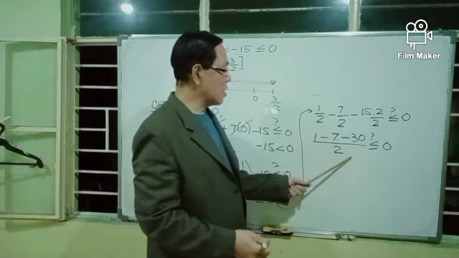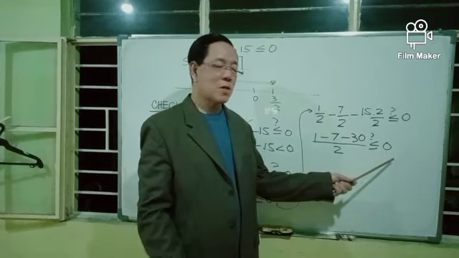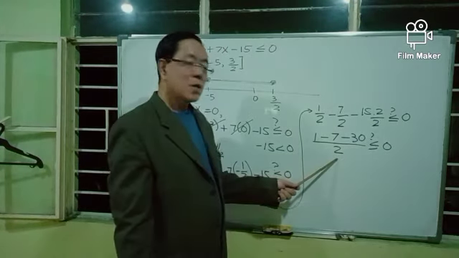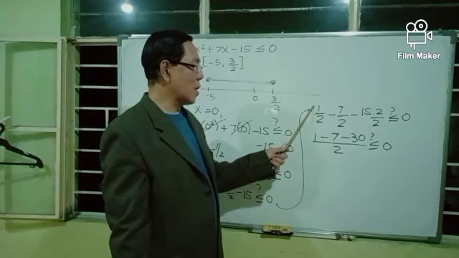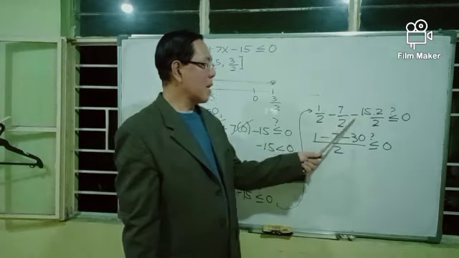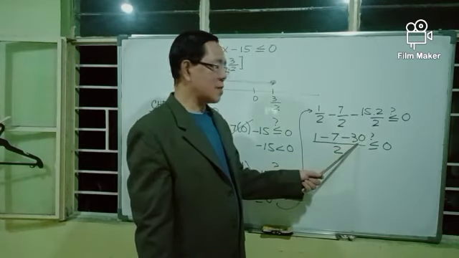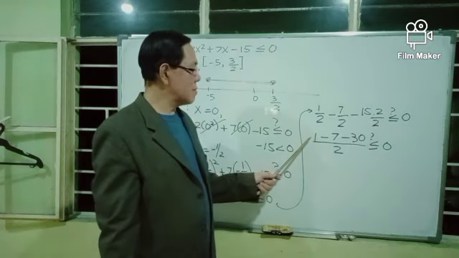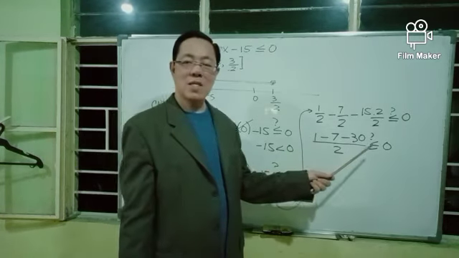And we want to check if this is less than or equal to 0. Or you may have common denominator is 2. We have 2, numerator is 1, minus 7, minus 15 times 2 is 30. Now we get the difference of the numbers in the numerator.